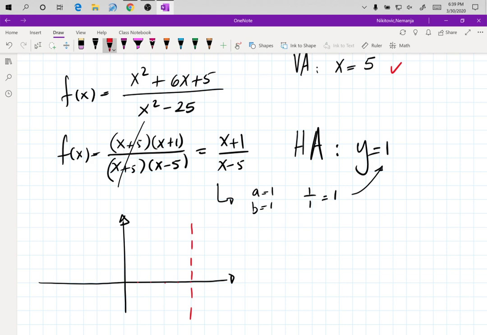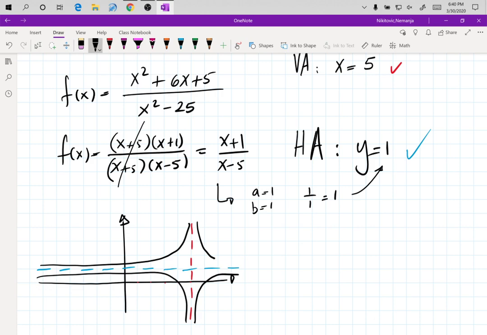And then I have the horizontal asymptote at 1. So in this case, I can draw a function like this, like that, like this, and I can draw. See? So these are all 4 lines that we can draw so that they follow the asymptotes.